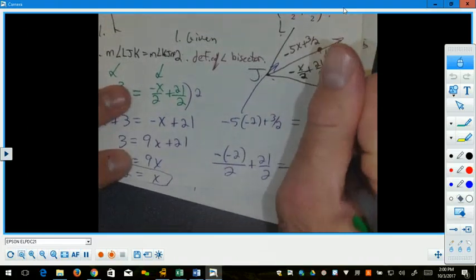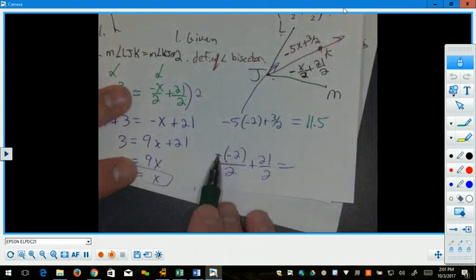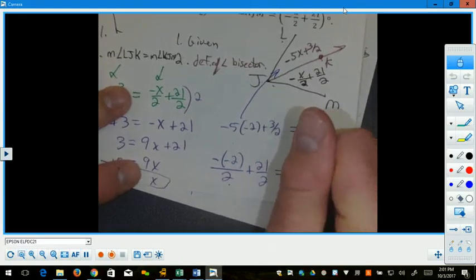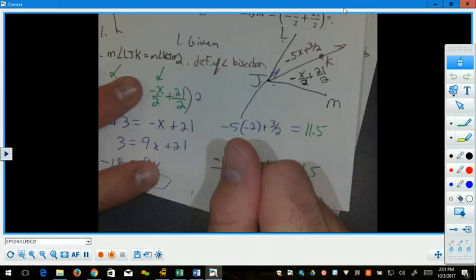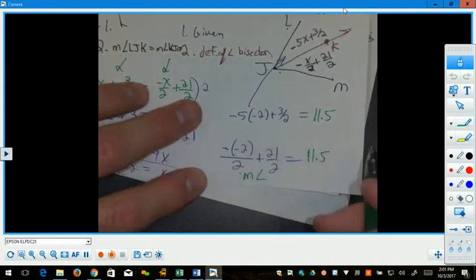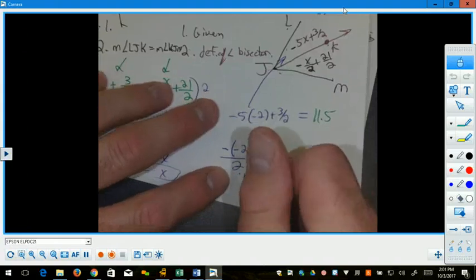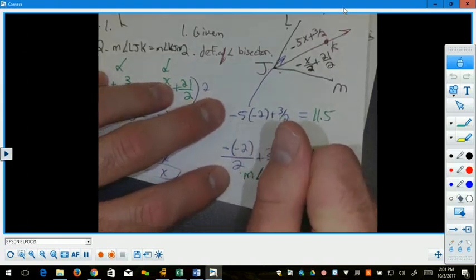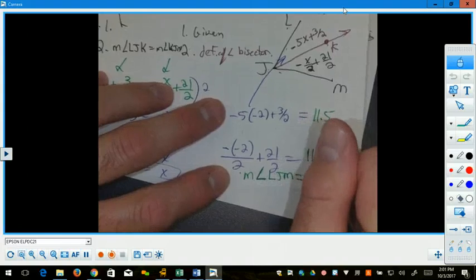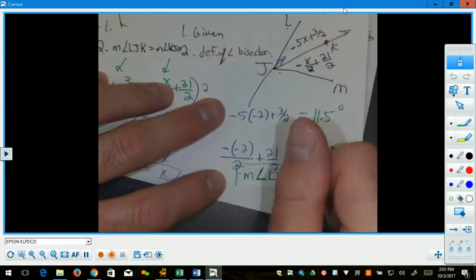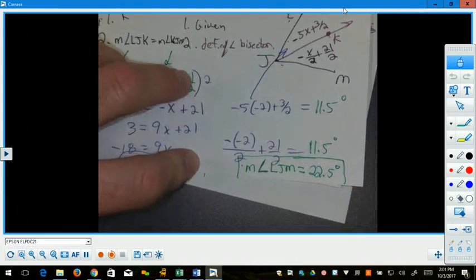It's going to be 11.5 or 11 and a half. 2 over 2, which is 1, plus 21 halves, which is 10.5, plus 1 is also 11 and a half. So that means that if I add the two together using the angle addition postulate, which we're not writing as a proof right now, the measure of angle LJM would be 22.5 degrees when I put the two angles together to get the whole angle.